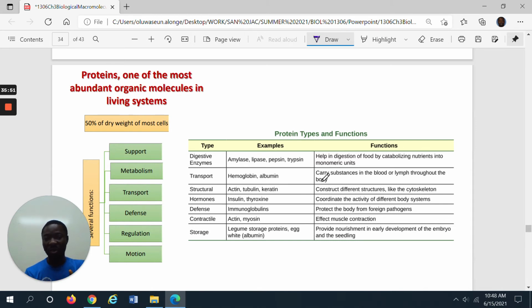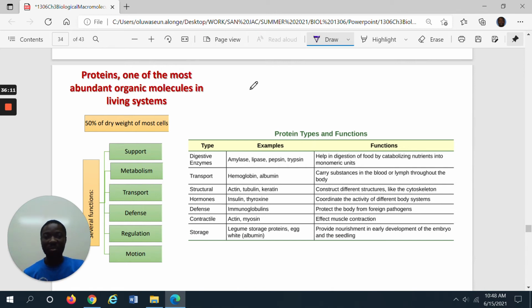No structure, no function. So one of the major things that affect the structure of a protein is temperature. When the temperature goes beyond normal, it will break the protein. We say it will change the nature of the protein, so we call that denature.